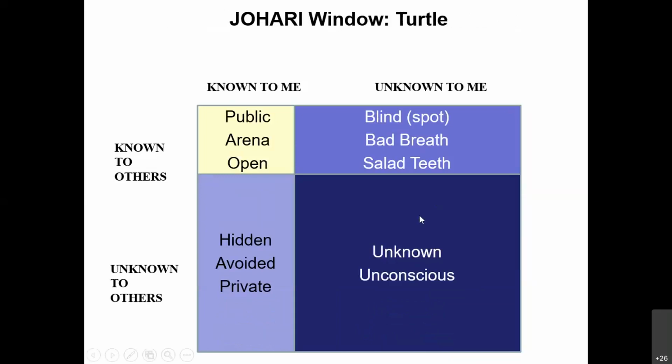Next one is called turtle. Look at this. In this turtle, unknown to me, unknown to others is much larger in size. Means this turtle will always remain inside its own shell. It will not put its head outside for much longer time. In what way will it learn?